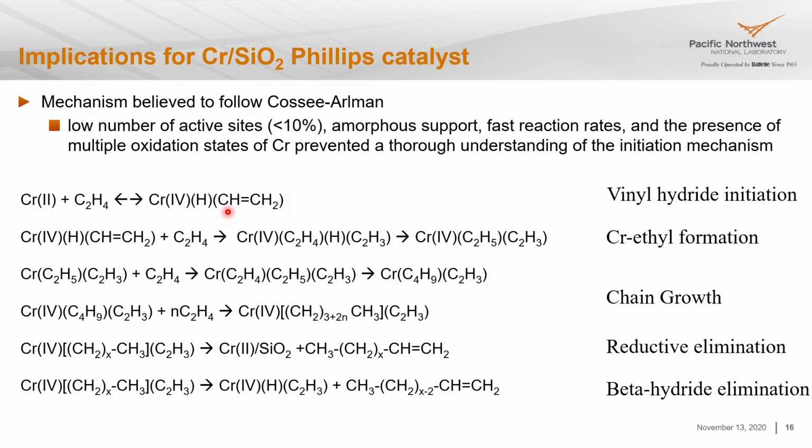We get the ethyl formation after another ethylene interacts with that hydride. And then at this point, we can have chain growth events to form longer carbon chains and eliminate our alkenes via either reductive elimination or a beta hydride elimination. So that proposes how a Phillips catalyst might operate.